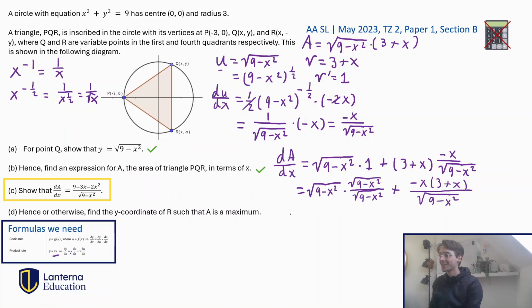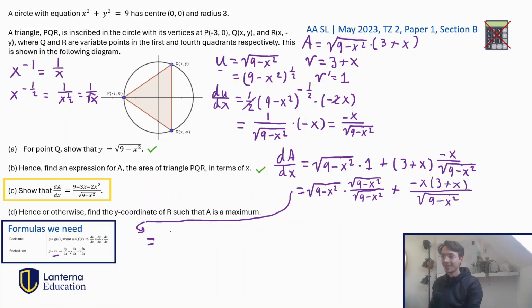So let's just simplify this a little bit. I'm just gonna move all of this over here, just to have some more space. Okay, so that is equal to, well, something square rooted times itself square rooted, that's just that thing not square rooted, right?